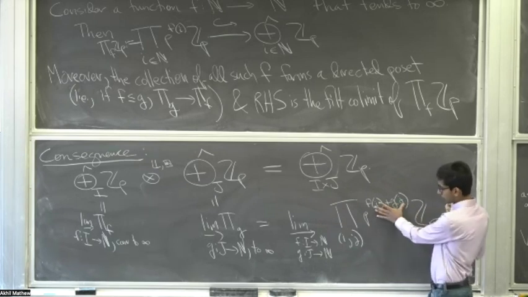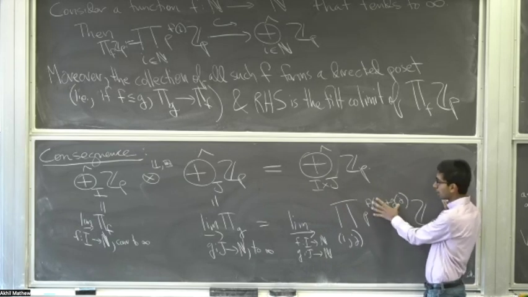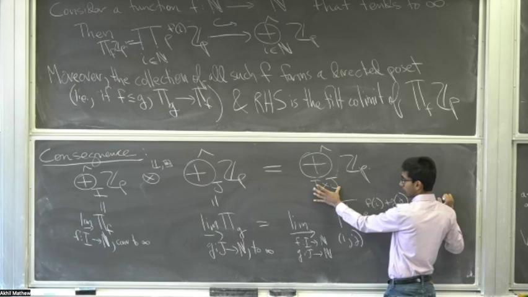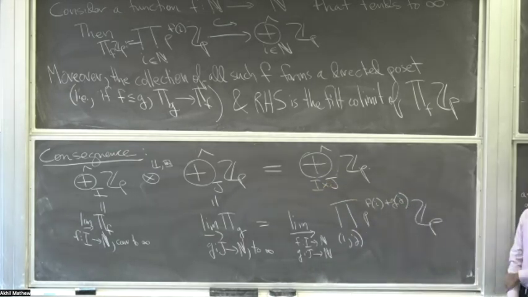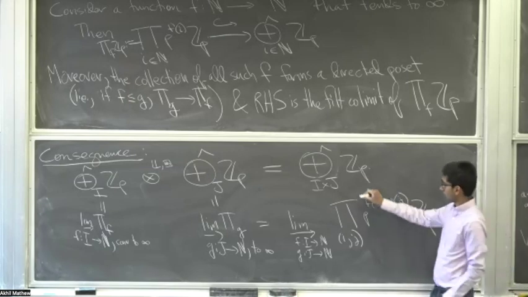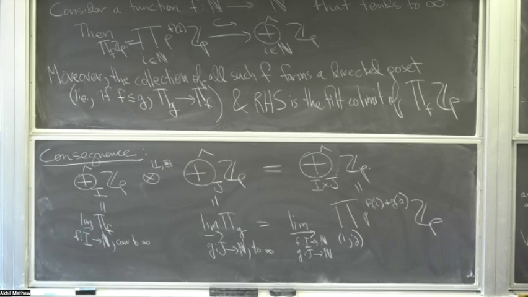So these give you functions from I cross J to the natural numbers that grow to infinity, and they're cofinal in the directed set of all functions from I cross J to infinity. So there's a little argument with sequences or with functions too. This is how it's proved.